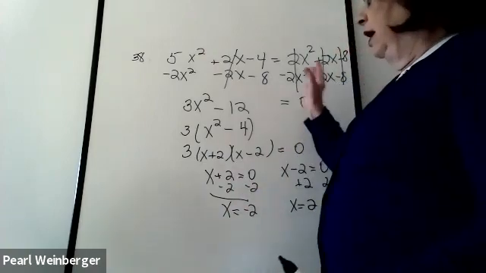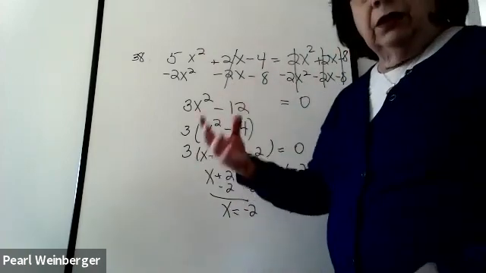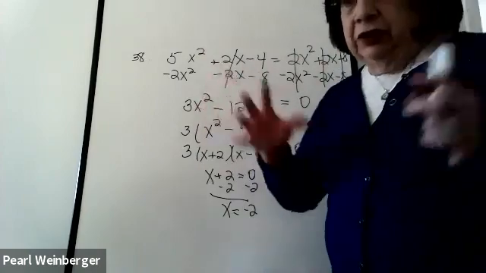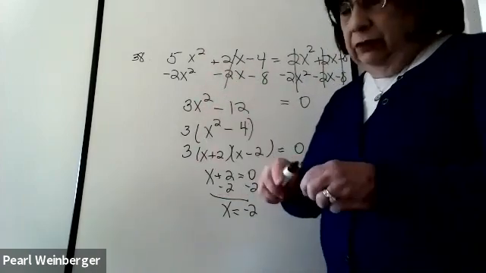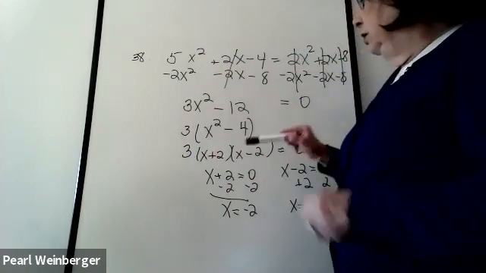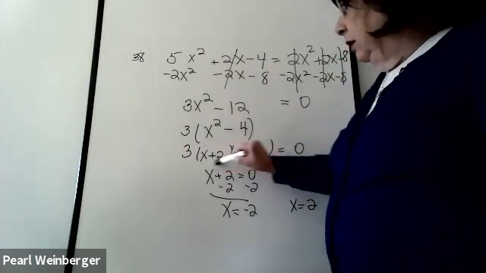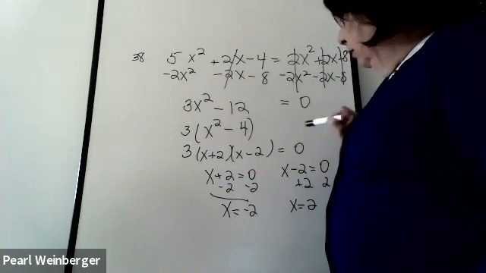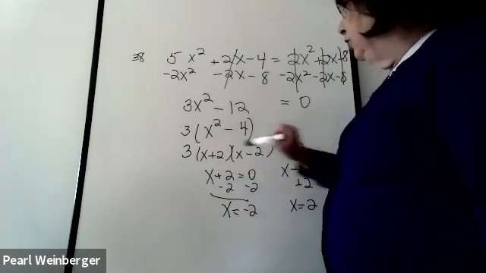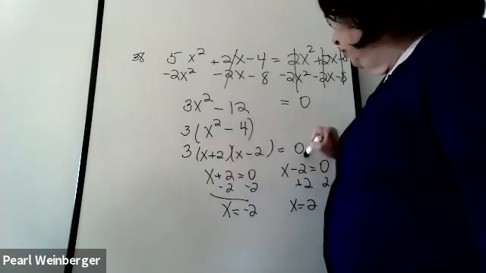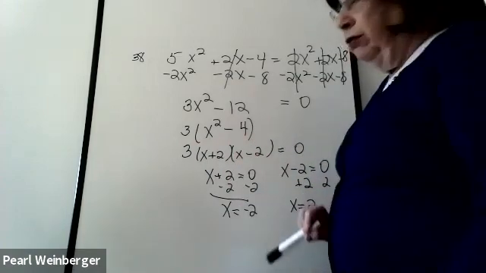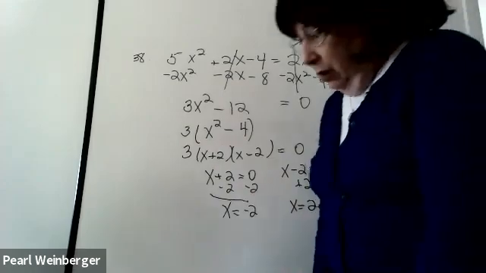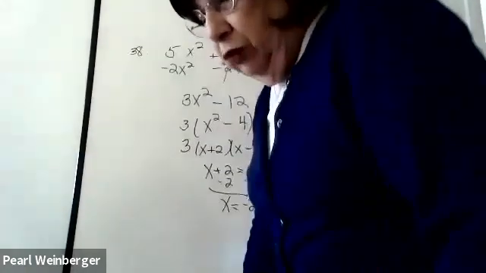So again, the steps are the same. Bring everything to one side, factor, and then set your factors equal to 0. In other words, it's not enough to factor it. Since it's an equation equal to 0, you have to go the further steps to get to the final value of x. Okay, now here's what I'm going to do.